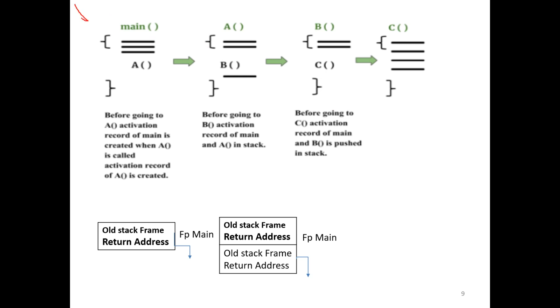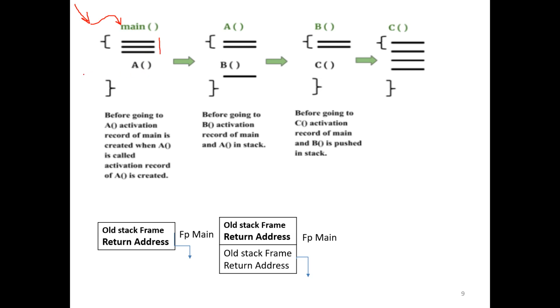Now, the operating system invokes the function, the C application. An activation record is created in the system stack. This is done at the time when main is called. In the next stage, these are some statements. A is called.